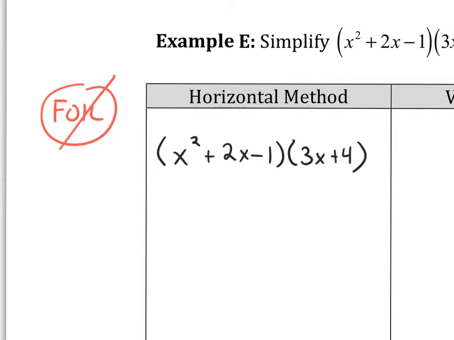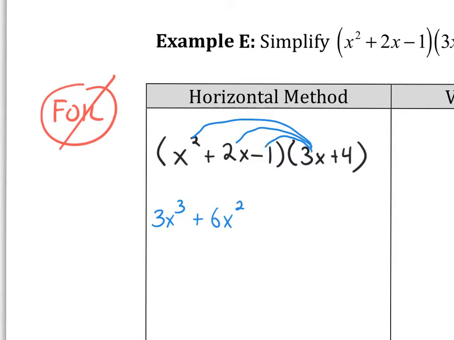So let's continue on. Like I said, I'm going to go the other direction. So I'm going to go 3x times the x squared, which gives me 3x cubed, because now I have x times x times x. Next, the 3x times the 2x gives me 6x squared.